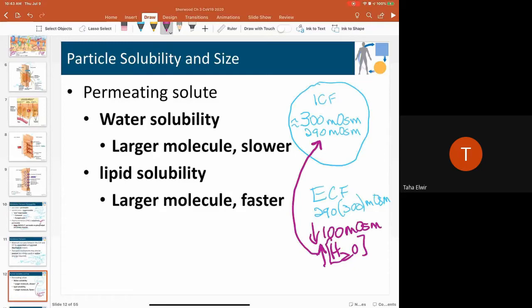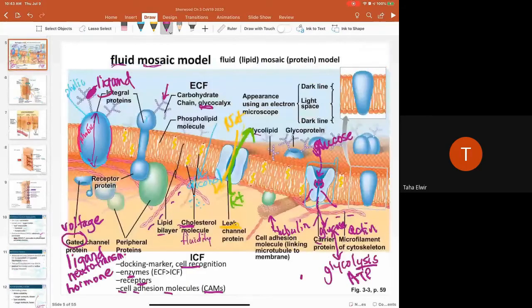Water can actually go through the lipid. If we go back to that cell membrane, since water is a dipole, it has a negative charge on the oxygen and positive charges on the hydrogen. It tumbles around. It's interacting with other water molecules and other solutes. And so it's constantly moving from one place to another.